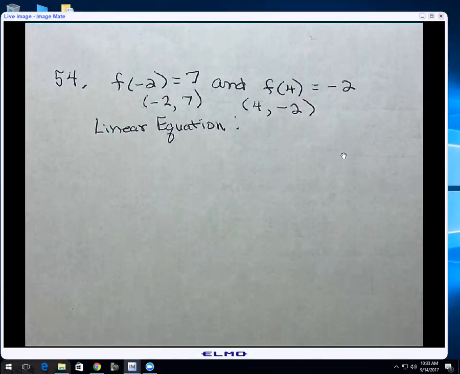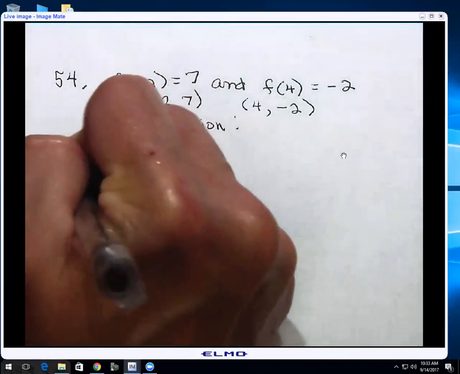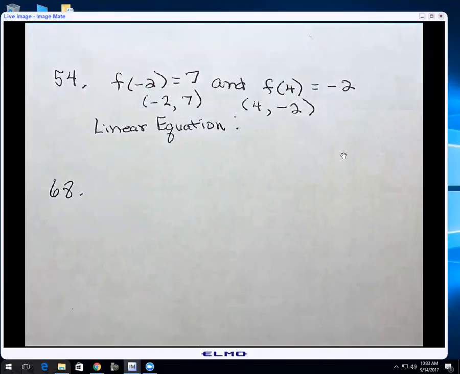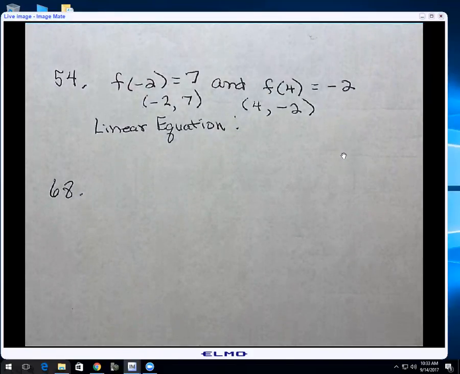And after I find the slope, what can I use to get that linear equation? Actually, either point slope form or slope intercept form, whichever you like to use. All right, that's all I'm going to say about 54. And then 68 is an application. Let's see.